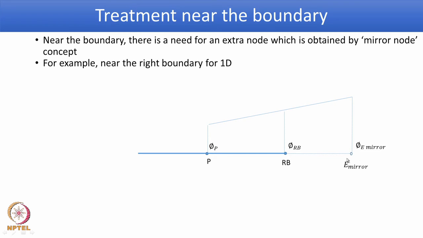Now, we need to get an idea of the value of the variable at this mirror node. We use linear approximation, hence it is written here phi at E mirror equal to 2 times phi at RB minus phi P.